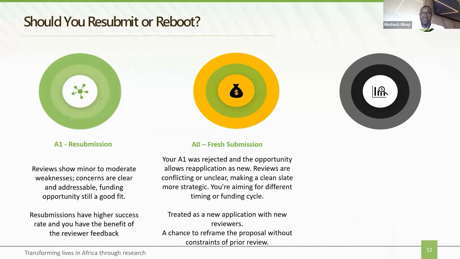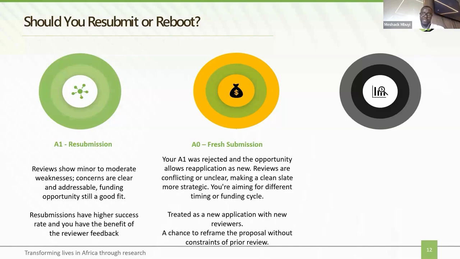A0, when do you decide to submit it as a new application once it's been rejected? If your resubmission was rejected and the opportunity allows reapplication as new, you should do that. Reviews are conflicting or unclear, making a clean slate more strategic, and you're aiming for different timing or funding cycle.